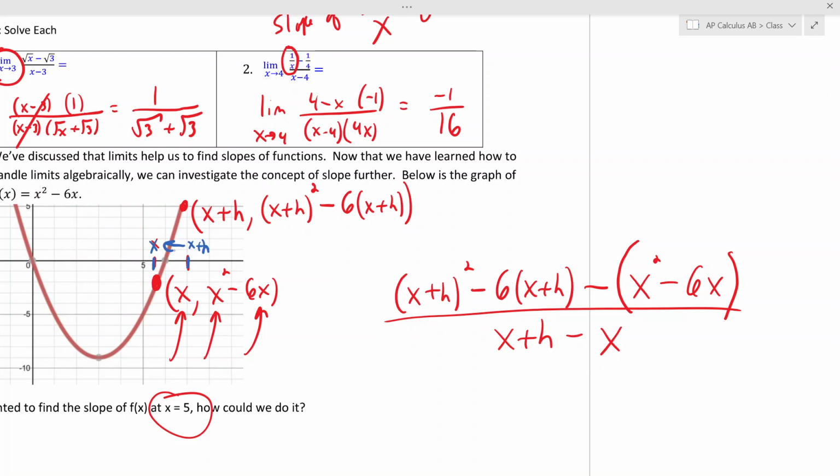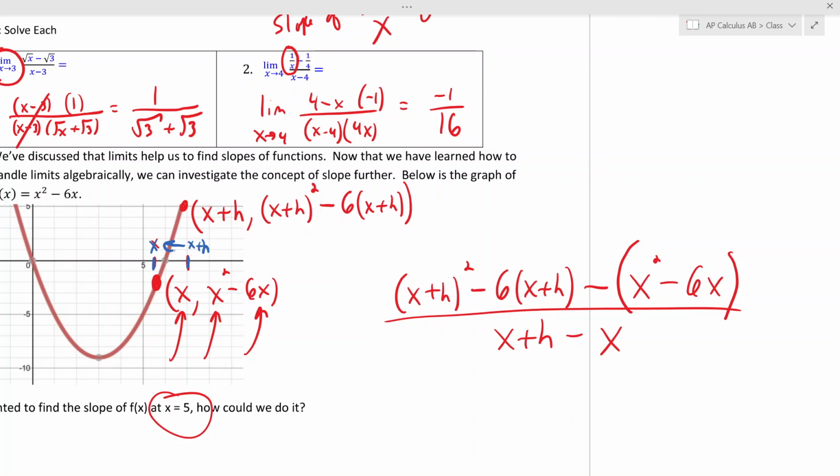Do I want h to be big? If h is big, are those points close or far away from each other? Far away, yes.